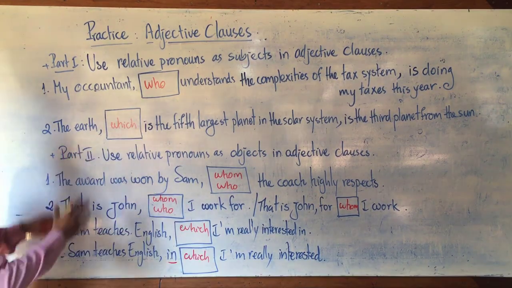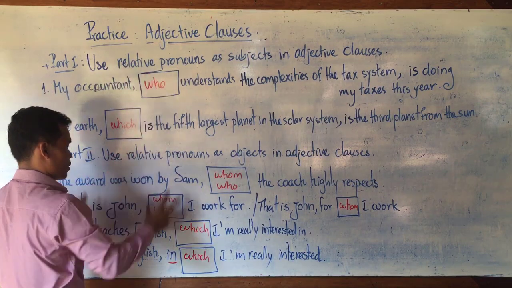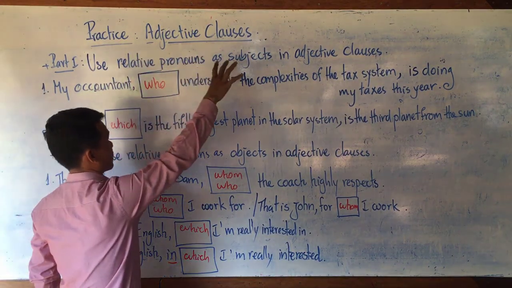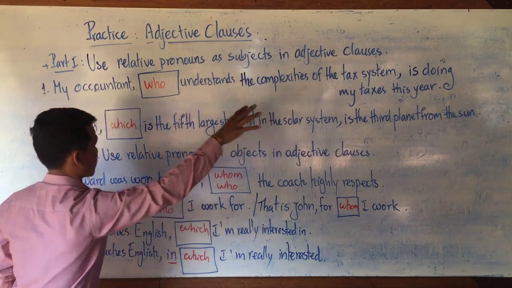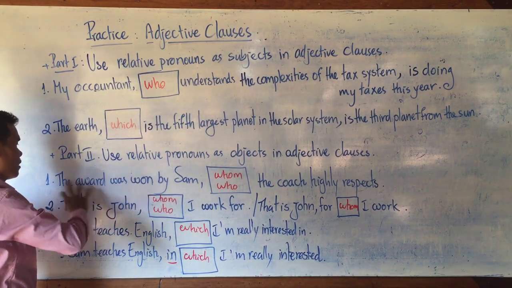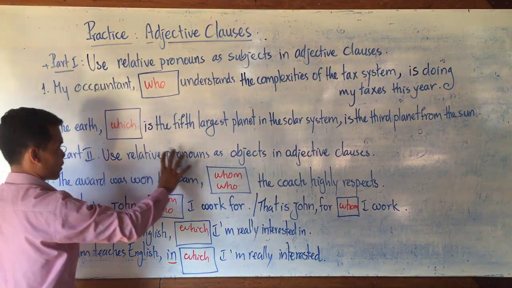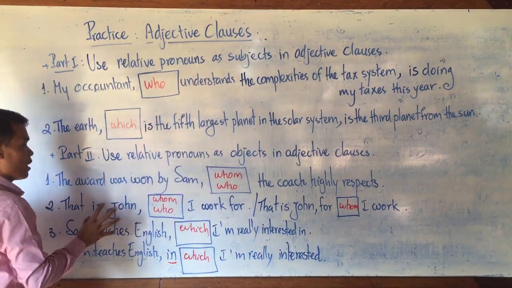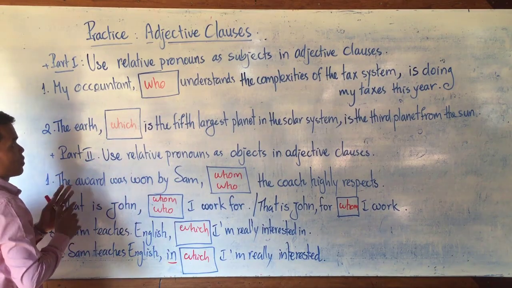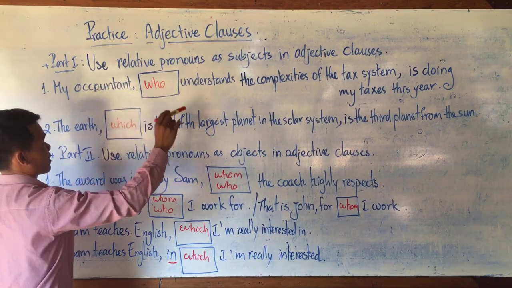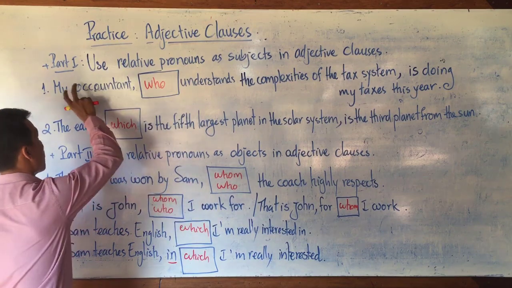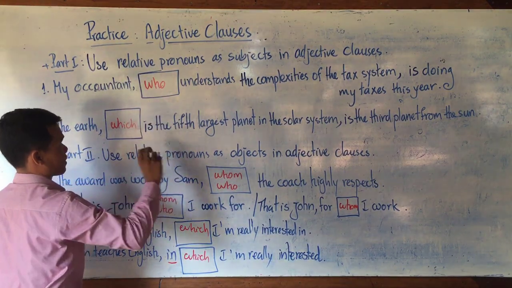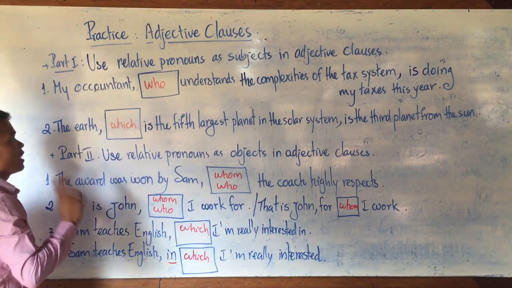So again, according to the examples, between a relative pronoun as a subject of an adjective clause in non-defining relative clauses and a relative pronoun as an object in an adjective clause in non-defining relative clauses, we can conclude that when the relative pronoun is a subject of an adjective clause, for people only who is used, and for things only which is used.